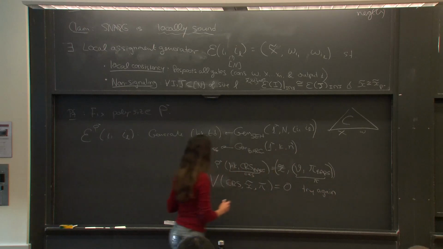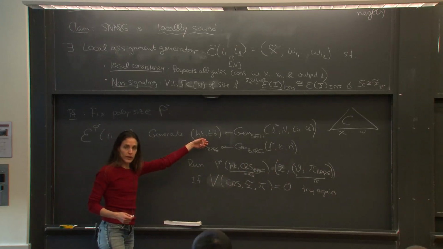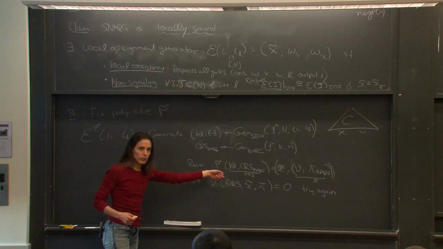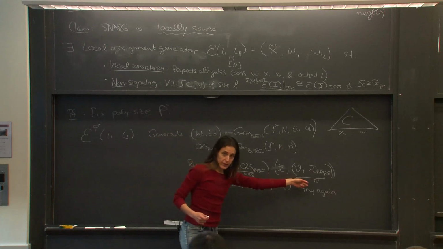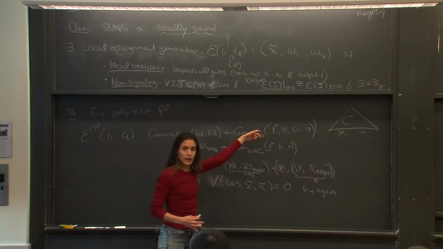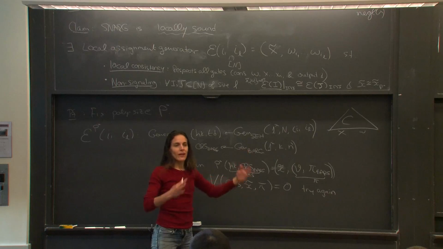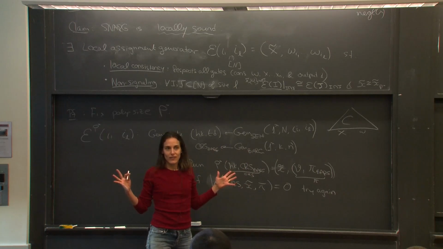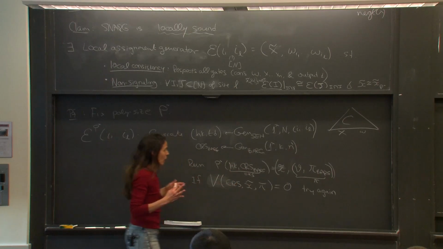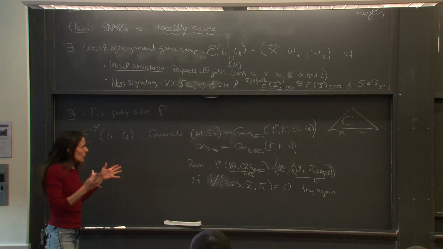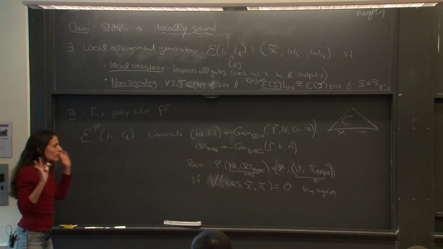What do I mean by try again? Again, generate a hash key, generate a barg, run. If it's rejected, try again, until I get something good.